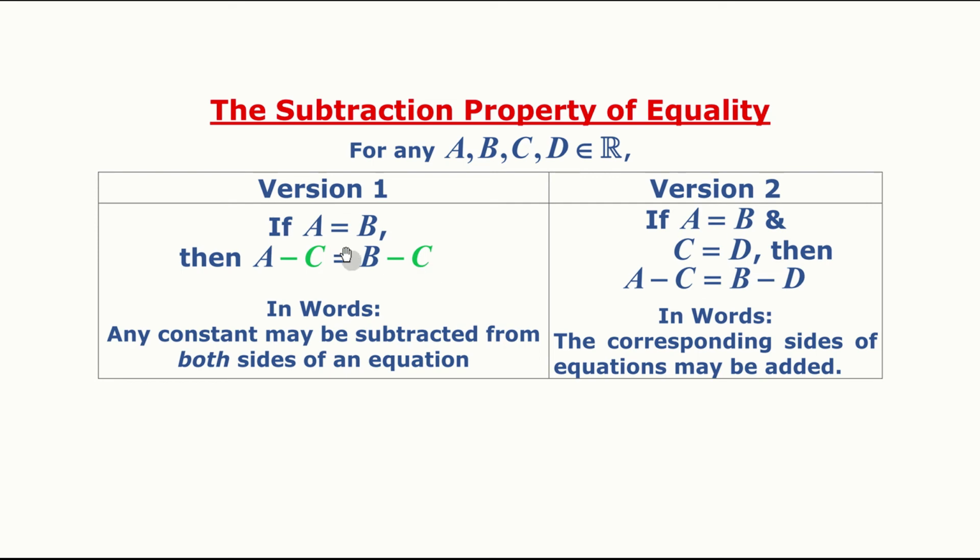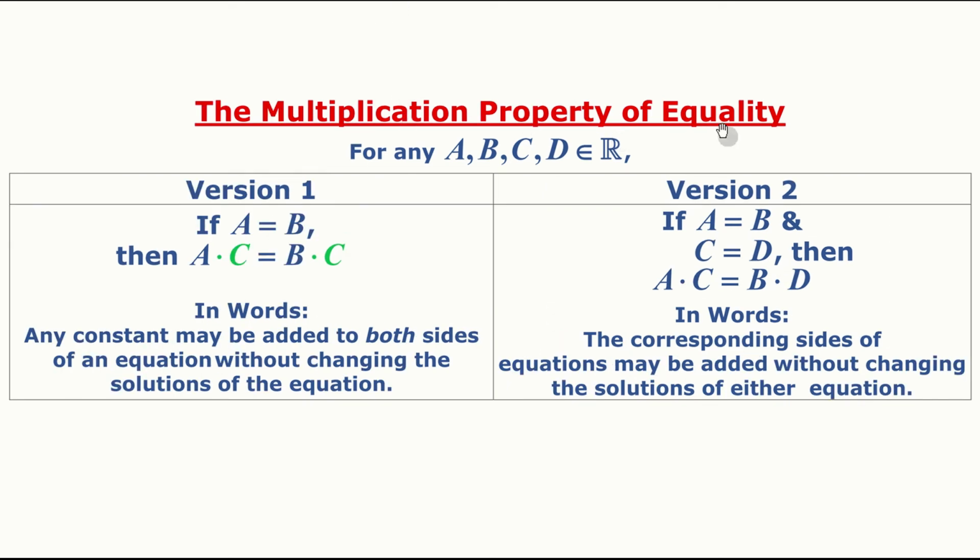As long as you have a constant, you can subtract it from both sides of an equation, and that should keep the balance. All right, now the second version, very much like the other one for addition. If a equals b and c equals d, then a minus c equals b minus d. So in other words, you can subtract the corresponding sides, and that is considered to be a legal operation in mathematics.